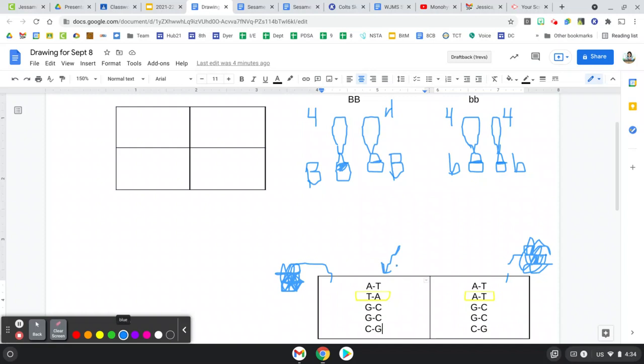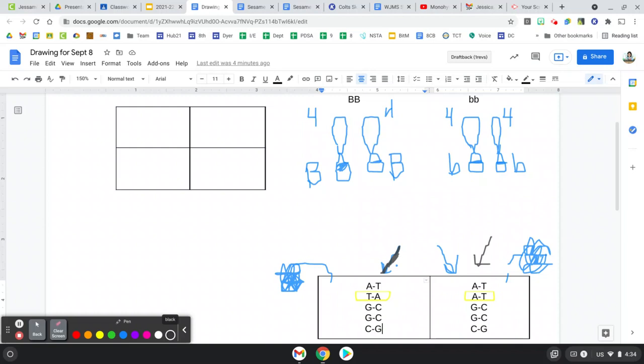We also know that if the dog has one copy of this code and one copy of this code, then the dog will have brown eyes also. Only if we end up with two copies of this code will we end up with a dog with blue eyes.